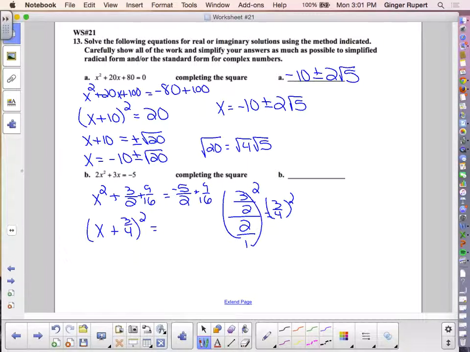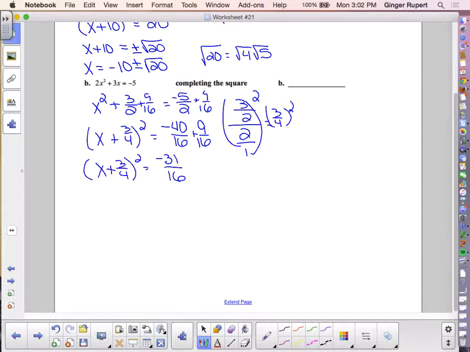So in order to get 2 to be 16, I need to multiply it by 8. Therefore, I have to multiply -5 by 8, so that gives me -40 over 16 plus 9 over 16. So I have x plus 3/4 squared is equal to -31 over 16.